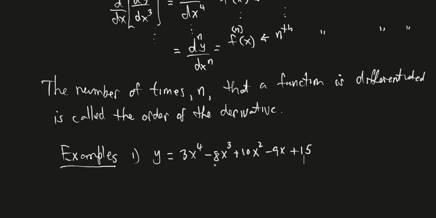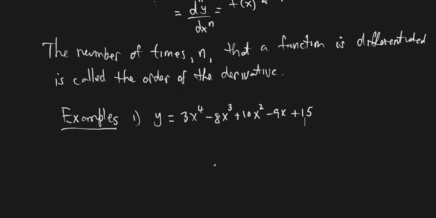So let's differentiate this function as many times until we get bored. Well, I'll probably never get bored of that, but let's see anyway. So the first derivative looks like this. So again, applying all our basic power, sum, difference, constant multiple rules, we will get 12x cubed minus 24x squared plus 20x and then minus 9.